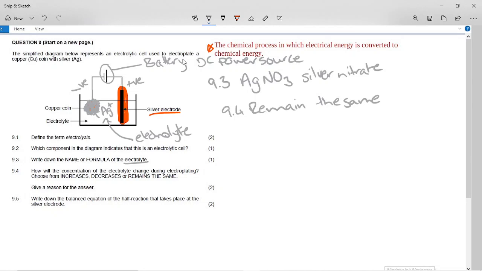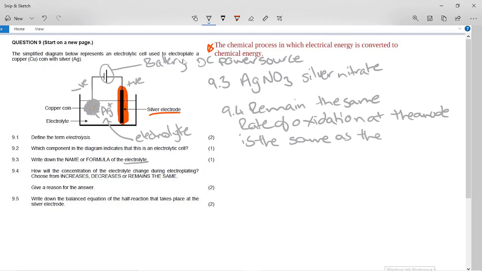What is the reason? The reason is because the rate of oxidation, where is the oxidation occurring? At the anode, and this is the silver metal going to silver ions. The rate of oxidation at the anode is the same as the rate of reduction at the cathode. What does this actually mean?